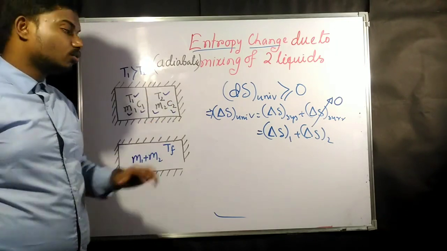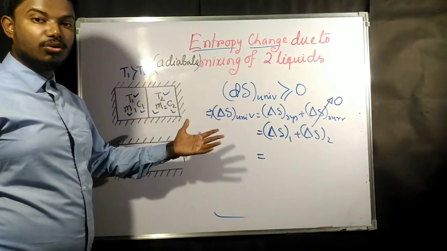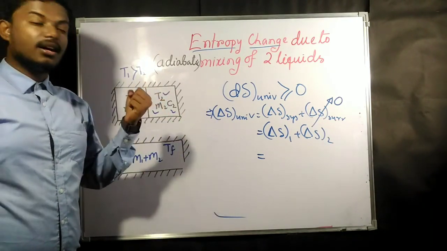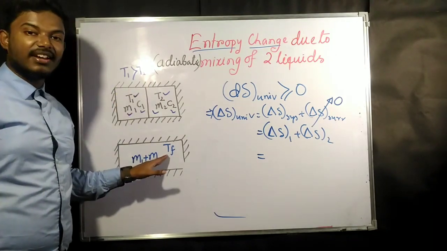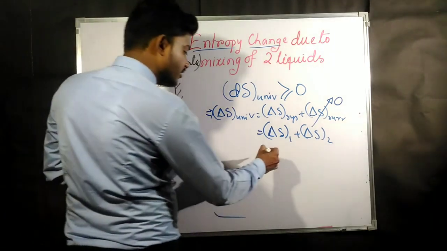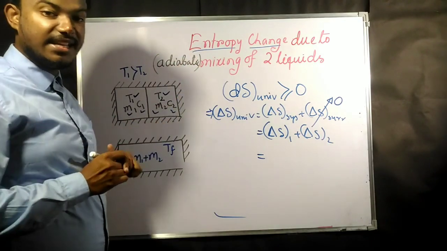In the previous board, we have seen the entropy change for a finite temperature body. This one also we can say is a finite temperature body. So what was the expression we found? The expression was m into c into ln of T final by T initial.